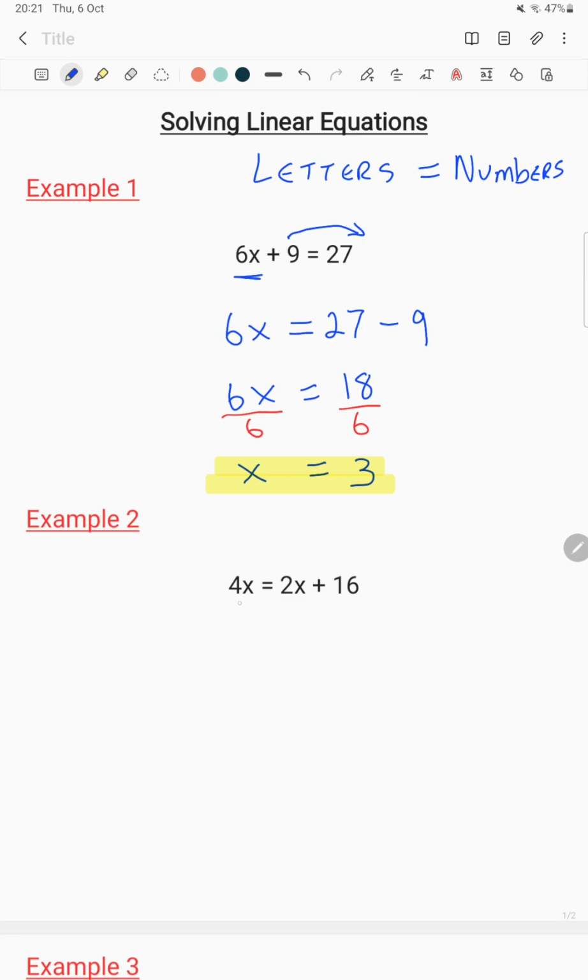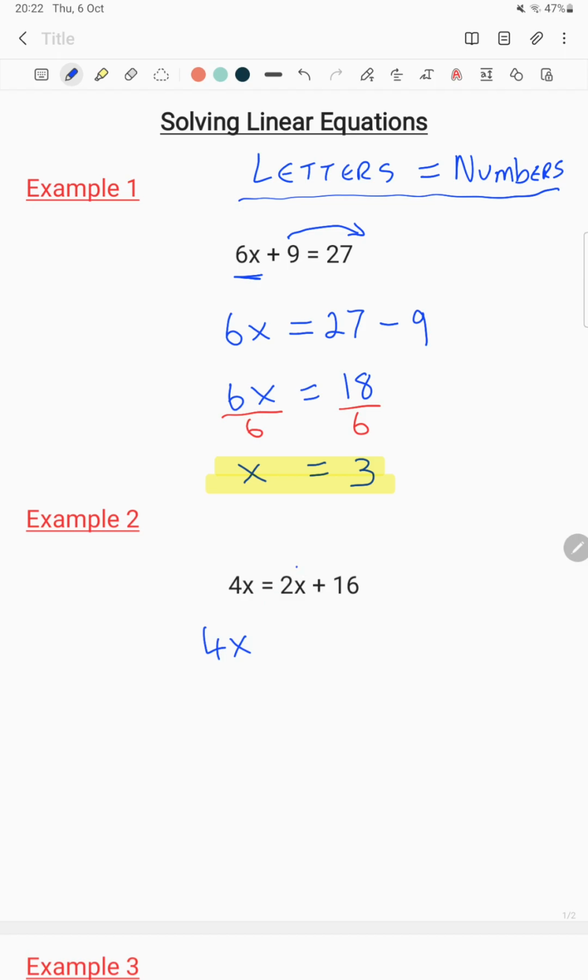Okay, the second example: 4x is equal to 2x plus 16. This time I have two terms that have letters in them, but the same rule applies: I put my letters to the left and numbers to the right. So 4x is already there, and on the right hand side of our equals we have a 2x.